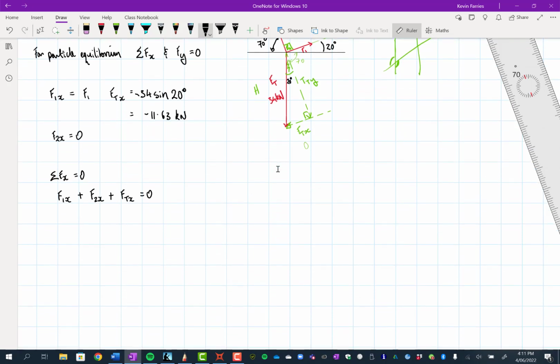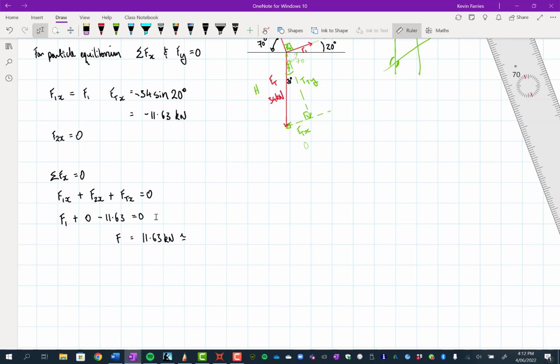So therefore we have f1x is the same as f1, it doesn't have a y component, so it's just f1, plus f2x is 0, plus ftx is minus 11.63, equals 0. Therefore, f1 equals 11.63 kilonewtons, adding 11.63 to both sides.